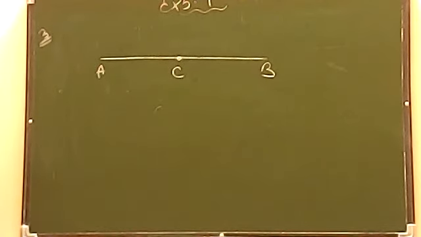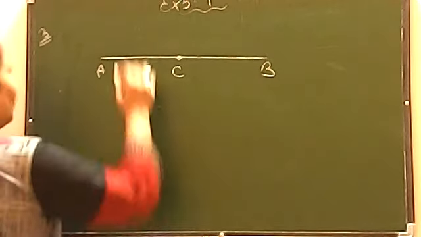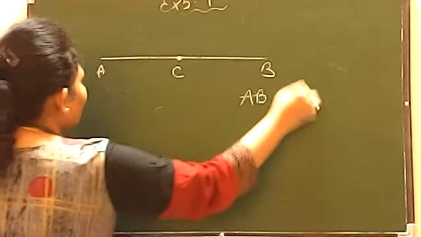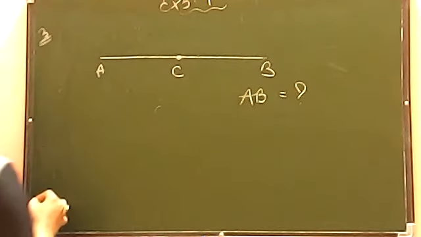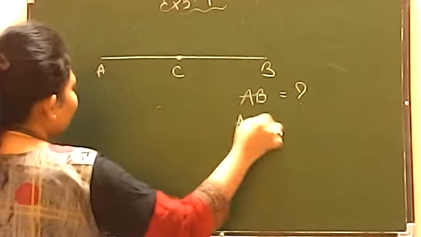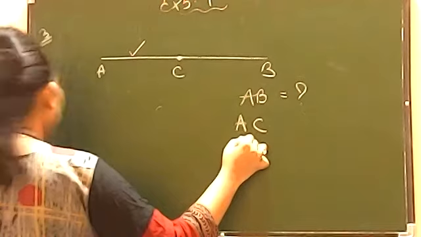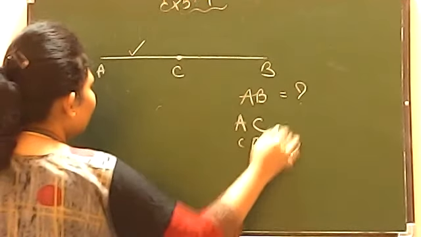Now it says you have to measure the length of AB. First of all, measure the length of total AB. After that, measure the length of AC. AC means this. Then measure the length of BC, or CB you can call it.